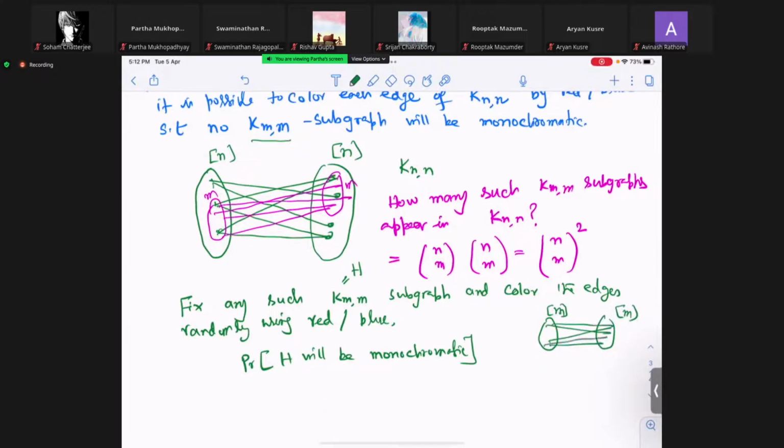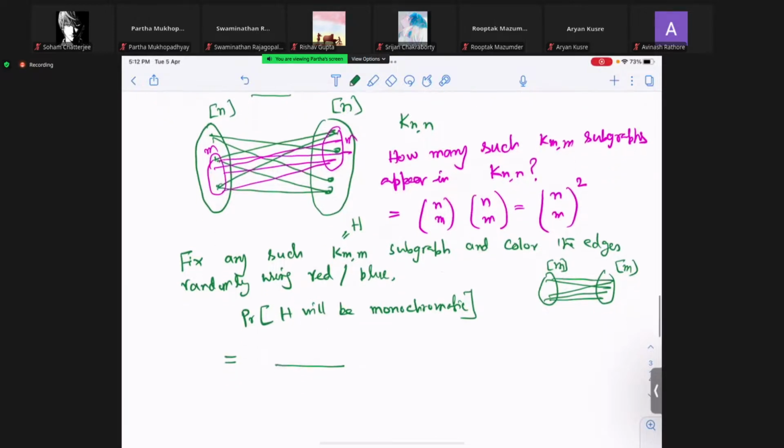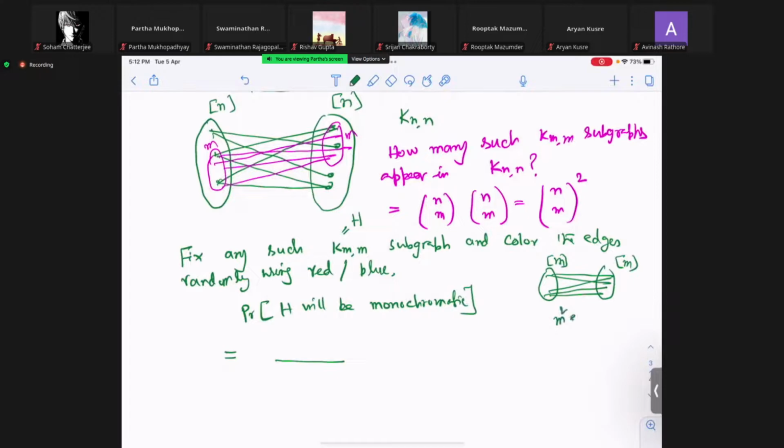And it will be monochromatic when all the edges are colored either by red or by blue. So how many possible ways to color them? There are m squared edges, so there are exactly 2 power m squared different ways to color them. And among those, 2 will be monochromatic. Either all of them are red or all of them are blue. That is equal to 2 power 1 minus m squared.